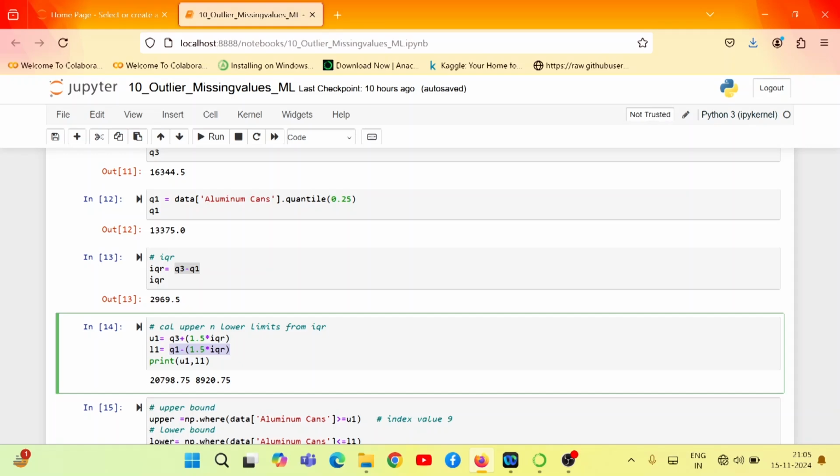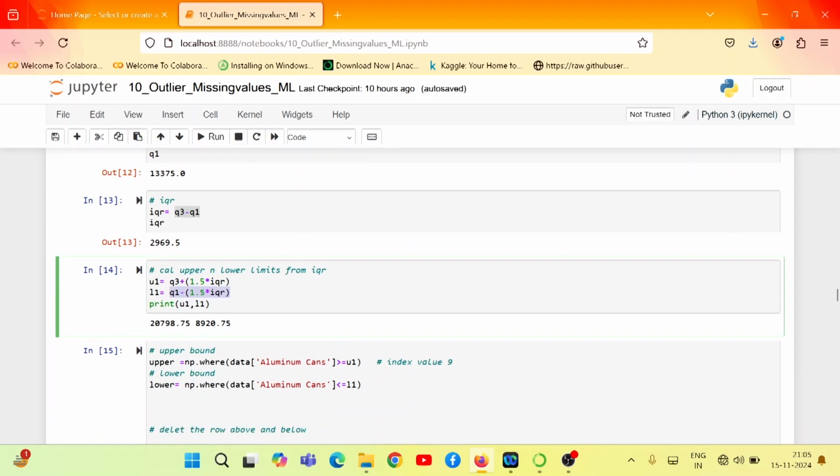Any value above the upper limit or below the lower limit should be considered an outlier. So any value above 20,798 will become an outlier, and any value below 8,920 will also become an outlier.